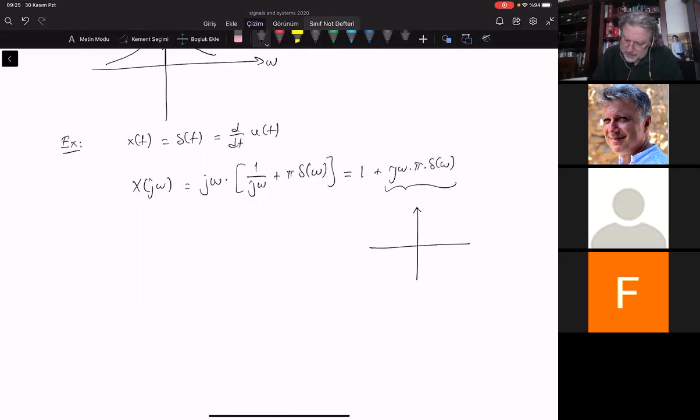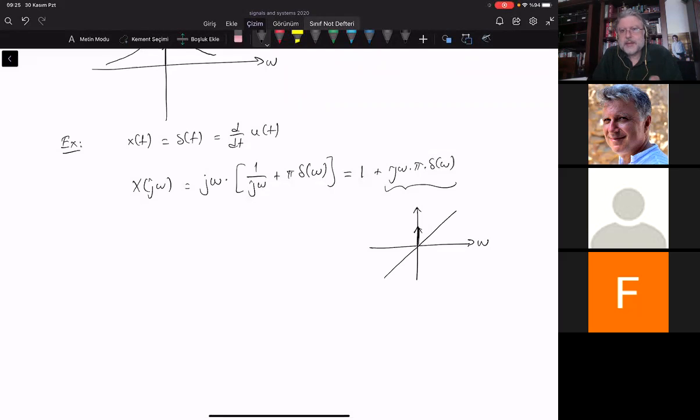J omega is, let's forget about j, let's plot the omega function on the omega axis. It's this, okay? And delta omega is this impulse, and I'm multiplying them.